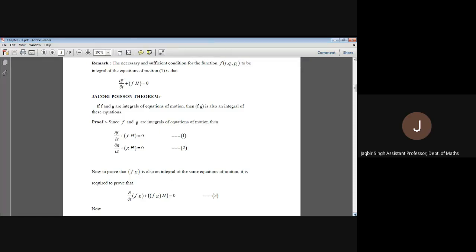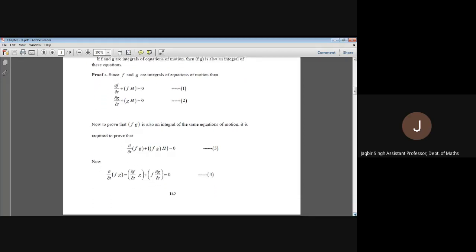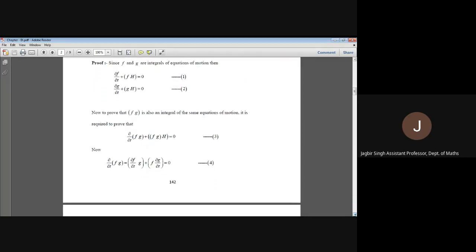Now to prove that [f, g] is also an integral, what are we to prove? That ∂/∂t of [f, g] plus [[f, g], H] will be 0. Okay, let's find ∂/∂t of [f, g]. According to remark 4, it will be [∂f/∂t, g] plus [f, ∂g/∂t]. Now ∂f/∂t can be obtained from equation 1 and replaced in 4.